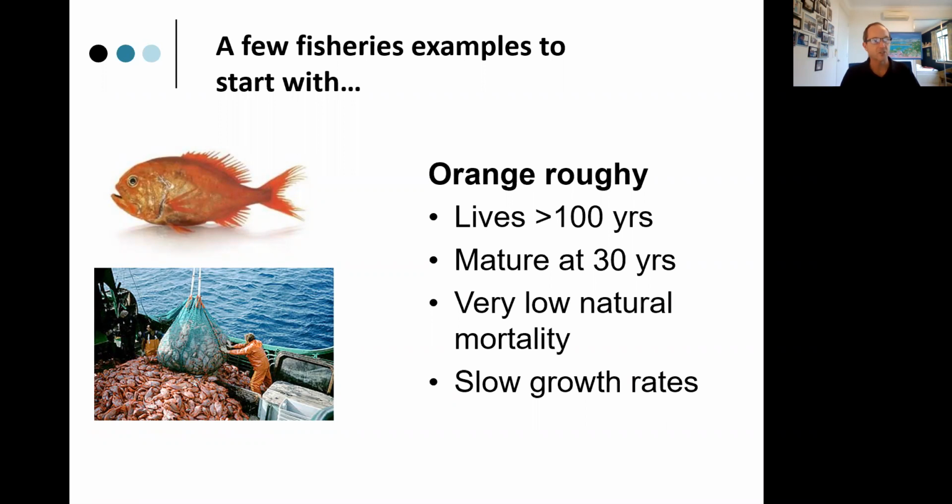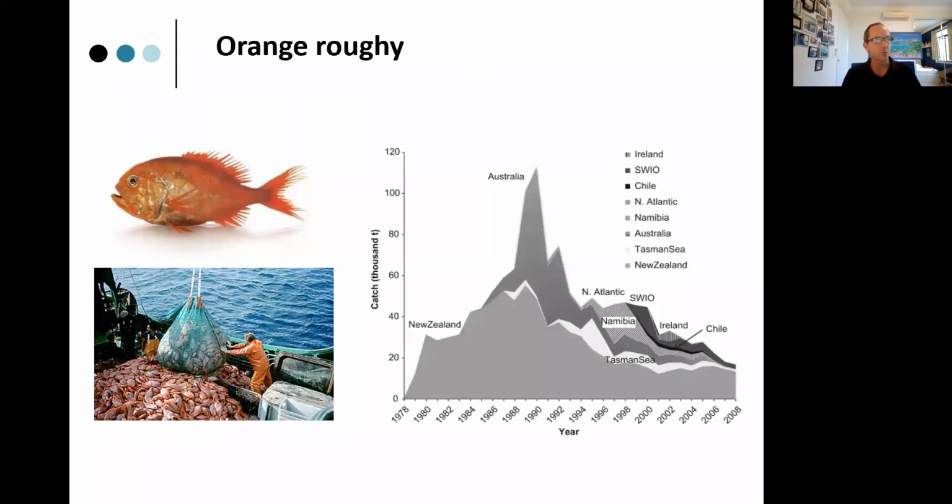So all those things I touched on before. And so this is what's happened across the world. You can see all the different countries that have had orange roughy fisheries, and you can see pretty much in the 1970s is when people started fishing it. New Zealand was one of the early ones, and actually they're probably the ones that managed reasonably better than others.